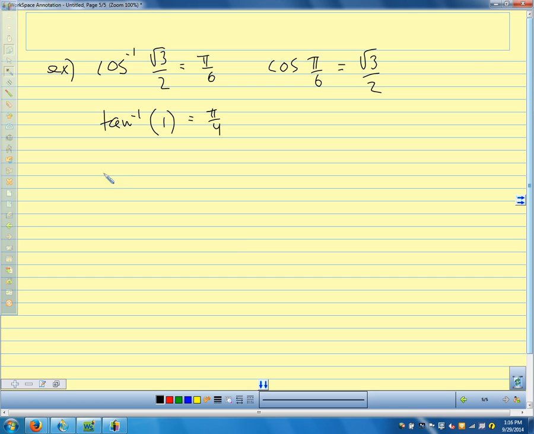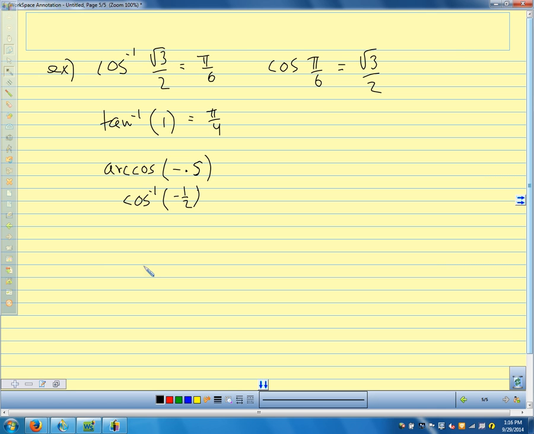How about the arc cosine of negative 0.5? Arc cosine is the same thing as the inverse cosine. So this is saying negative 1/2. So what angle between 0 and pi has a cosine of negative 1/2?